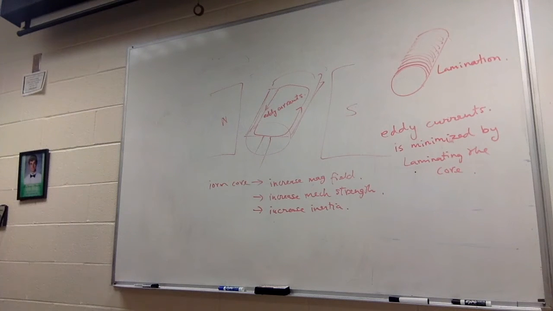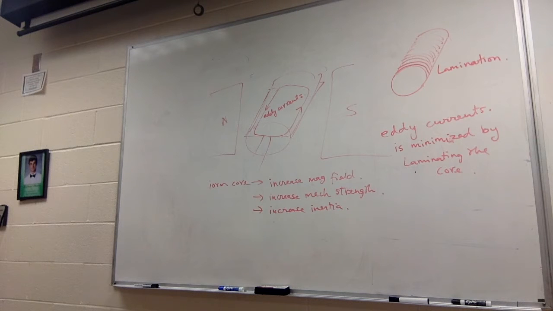Trying to see where the other big one is. This is another example, a transformer, and you can see the lamination from the transformer. Can you see the core is not one solid piece?